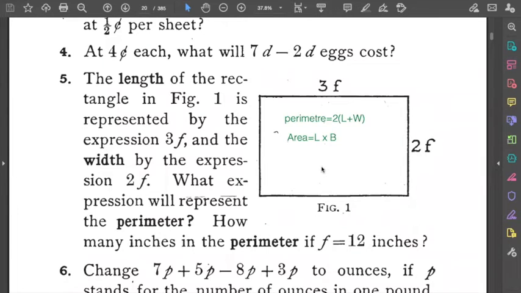Explain, what did you get for the perimeter? 3f plus 2f, right? Good. Now, if f is 12 inches, wherever you see f, what do you put there? 12, right? So 2 into bracket 3 into bracket 12 plus 2 into bracket 12. Close the big bracket. Now, 2 outside.